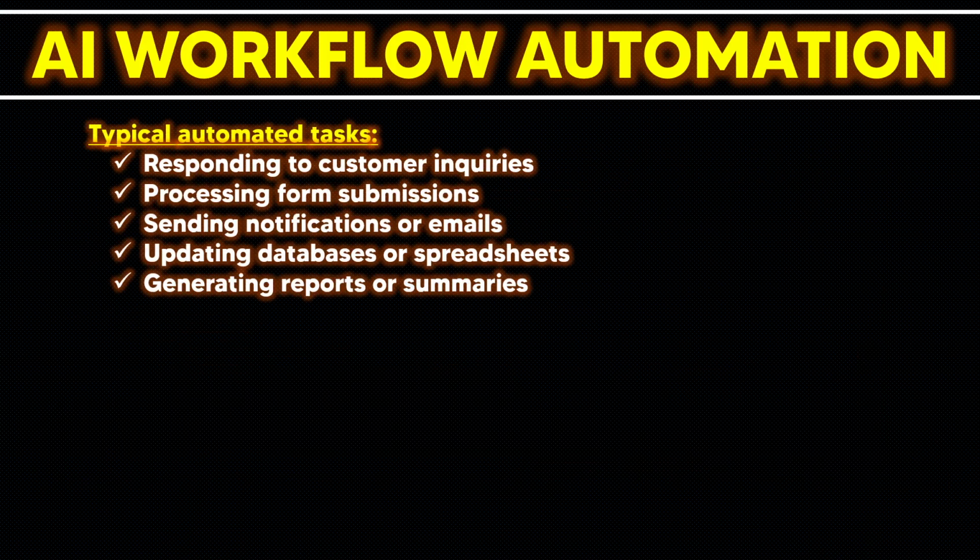Then we are not done yet, just a few things. These are just some typical automated tasks that you can do with AI workflow automation. You can respond to customer inquiries, process form submissions, send notifications or emails, or even generate reports or summaries, just by connecting AI, your LLM, to other applications.